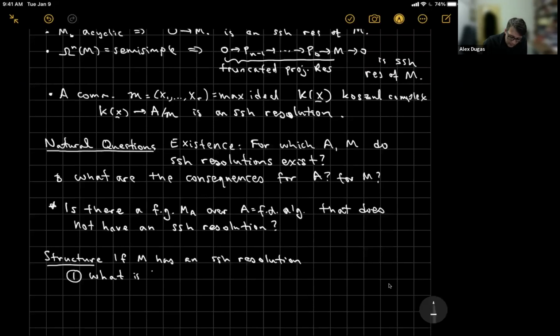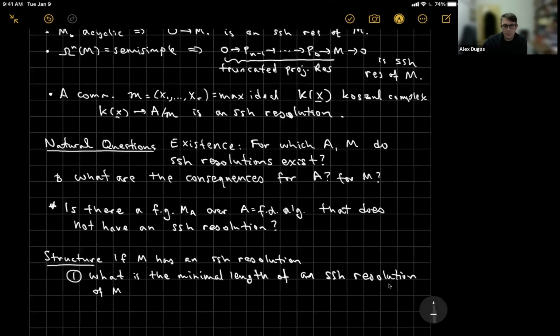We can ask, what is the minimal length of an SSH resolution of M? By length here, I mean the number of terms in the complex, just like what we normally mean by the length of a projective resolution.